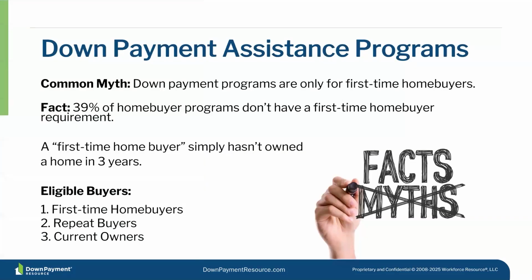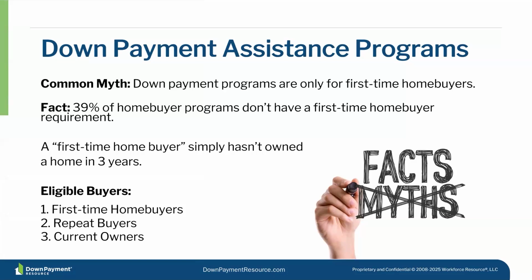One of the most common misconceptions out there about down payment programs is that buyers must be first time buyers. However, there are about 2,400 programs across the country that we maintain in our down payment resource database. And we have stats in here that show that 39% of them have absolutely no first time homebuyer requirement.